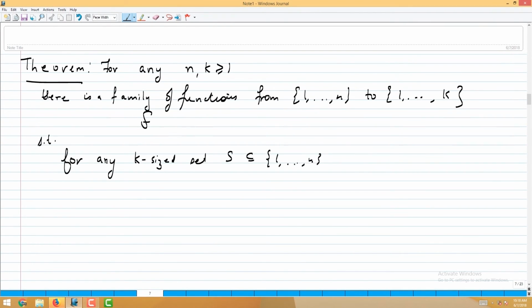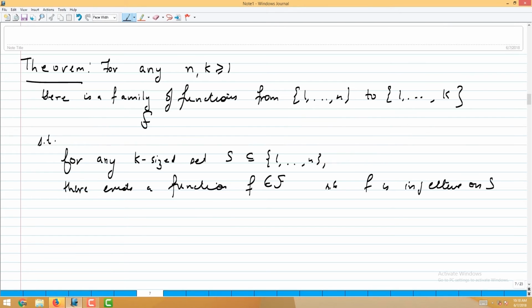So basically, pick any k numbers from 1 to n and let S be the collection of those numbers. There exists a function, let's say f in this family, such that f is injective on S.